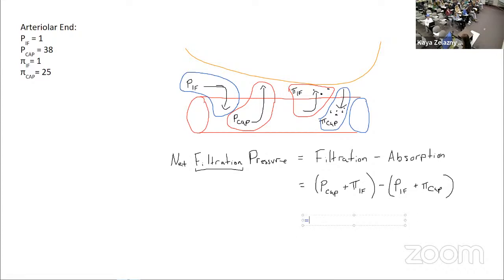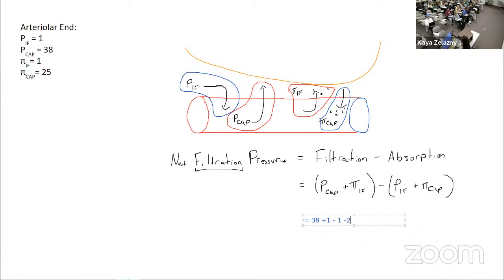So this is going to equal our hydrostatic pressure in the capillary, plus, which was 38 from here, plus our other force for filtration, so 1 for that osmotic pressure of the interstitial fluid. And then we're subtracting out our hydrostatic pressure of the interstitial fluid, so subtract 1. And then we're subtracting out our osmotic pressure of the capillary.